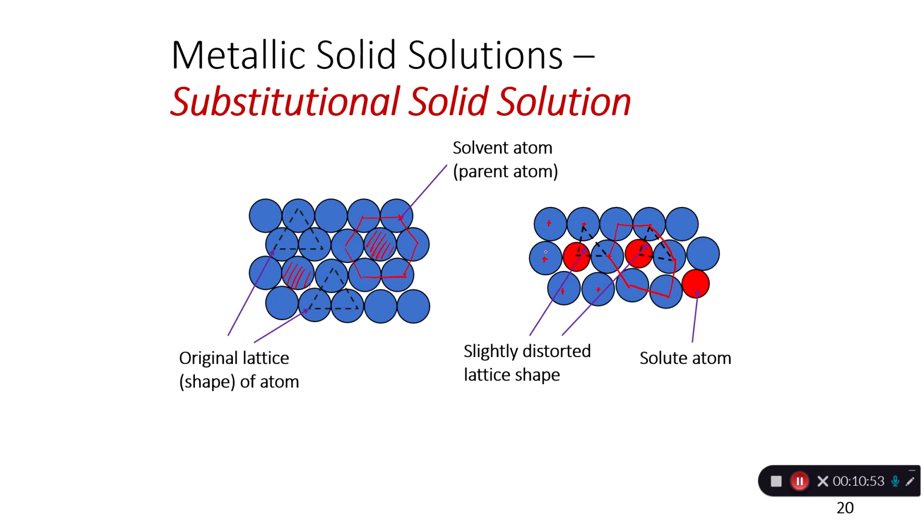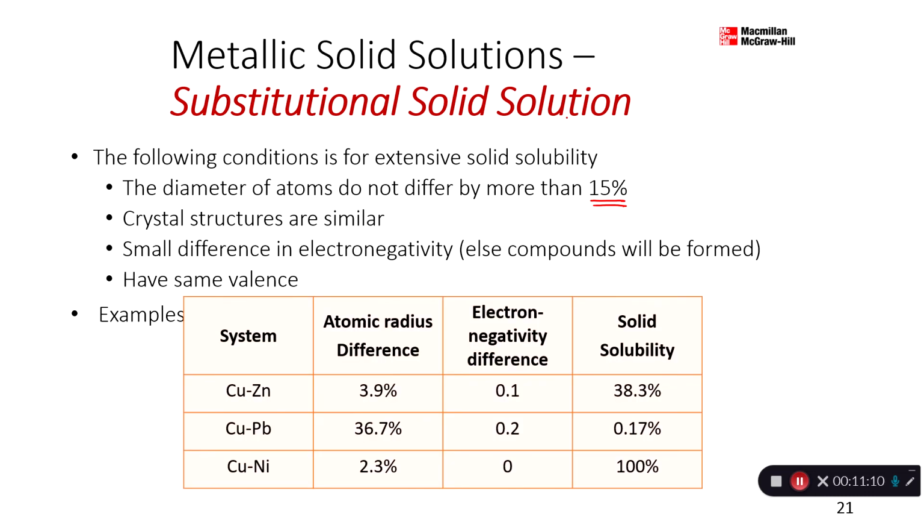And if it's a lot smaller, it will definitely fit, but it will cause more than slight distortion. It will change the structure, or the structure might collapse and form a different structure. That's why 15%. Okay, the second one, this is obvious. Crystal structures are similar. So if one is BCC, both have to be BCC. Otherwise, they cannot.